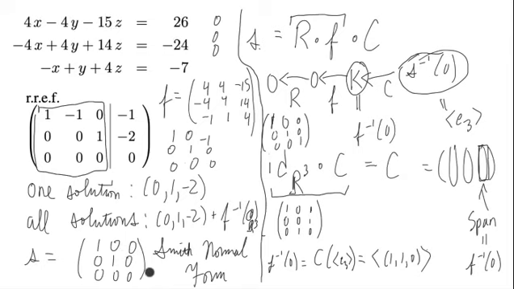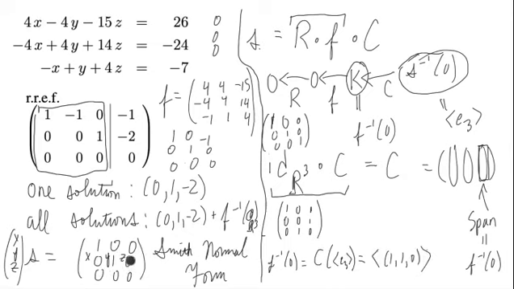In general, let's think about an x, y, z coming into S. What is S going to do to it? It's going to take the x and multiply it to that column, the y multiply it to that column, the z multiply it to this column. The only way to get the 0 vector out of this is if x and y are 0 themselves. Z can be anything it wants.